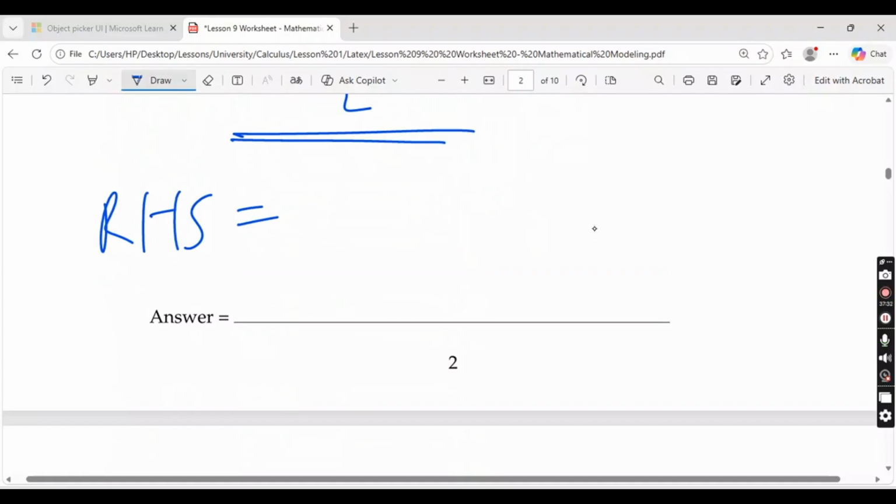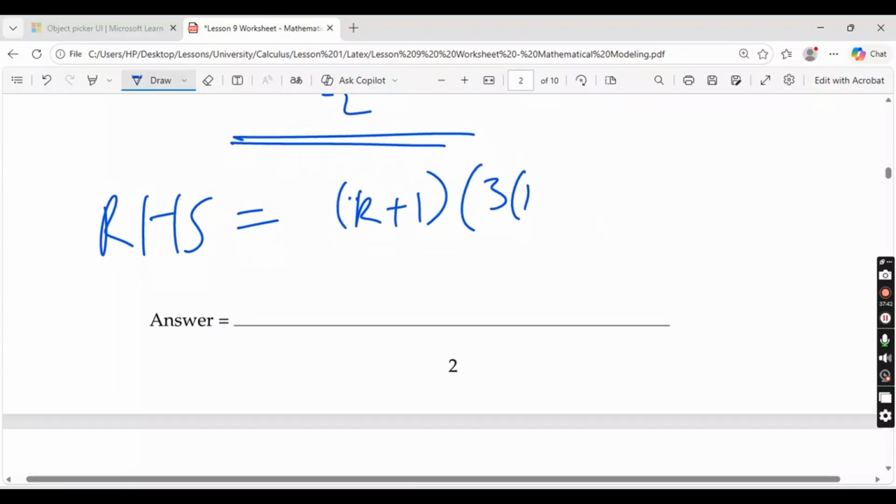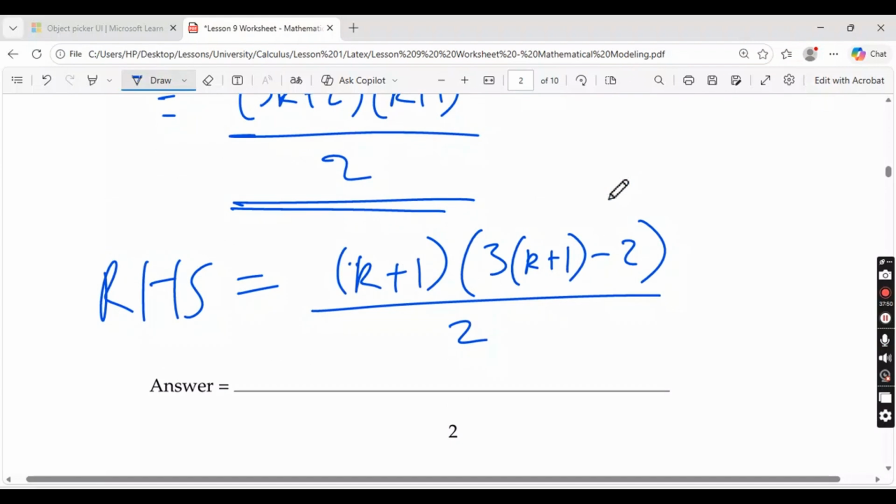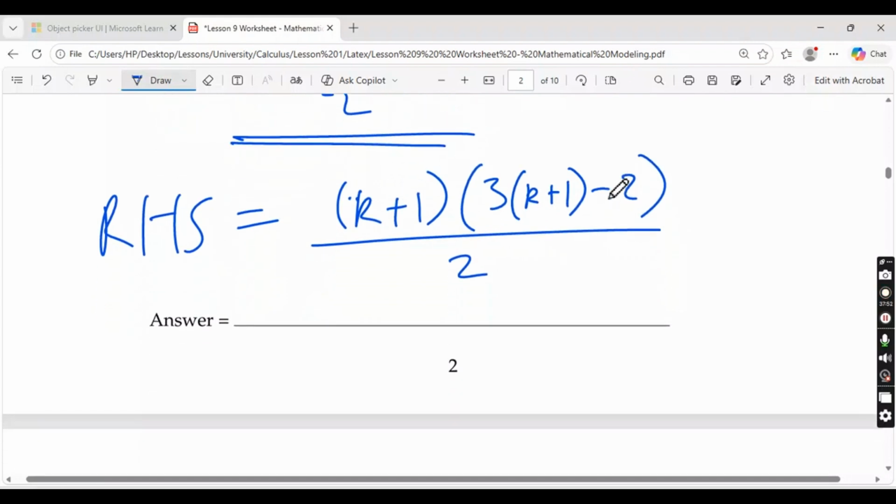So we write k plus 1 times 3k plus 1 in brackets minus 2 over 2. And now we have to simplify this. So if we simplify this, what do we get?